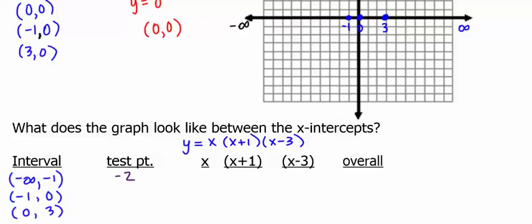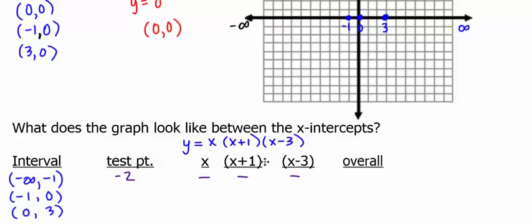my x value will be negative. If I put a negative 2 in for x, this factor is a negative factor. When I put negative 2 in for x plus 1, negative 2 plus 1 is also a negative. Negative 2 in where x minus 3 is, negative 2 minus 3 is negative 5.